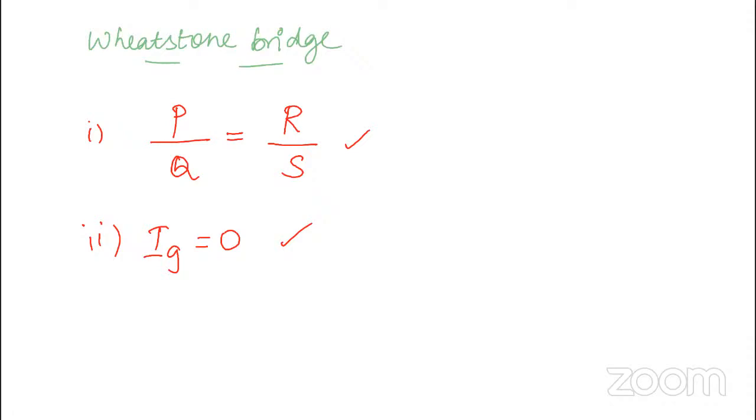Here P, Q, R, S are all four resistances, as we know earlier. So from the last class, as a continuation, we can go for the problems. So here, problem number 1.